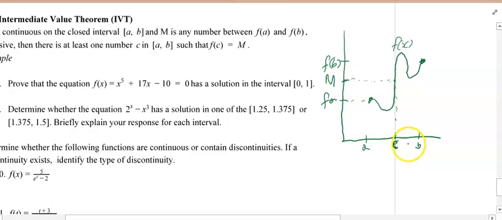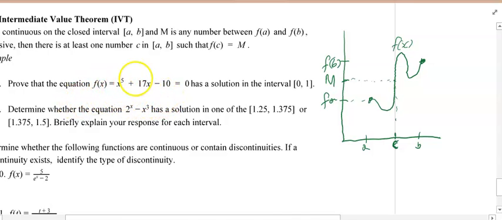If m was 10, there must be some number between a and b that matches. Some x value c, such that if you plug in c, the f of c will be equal to m. Okay, so let's do an example.